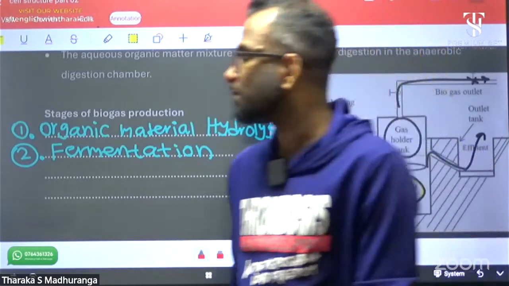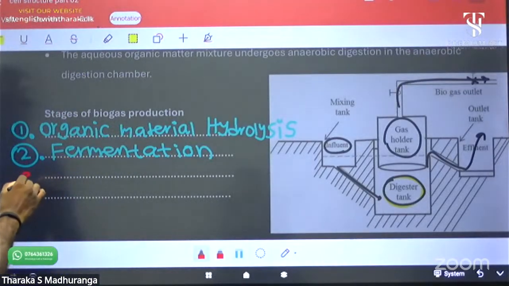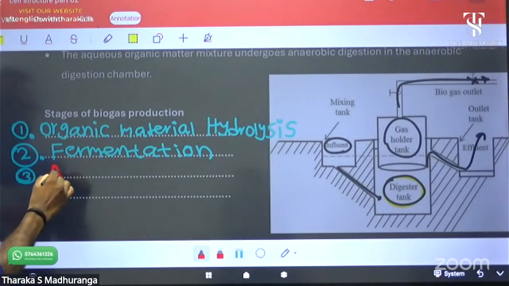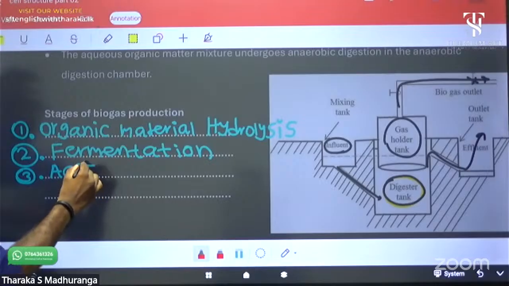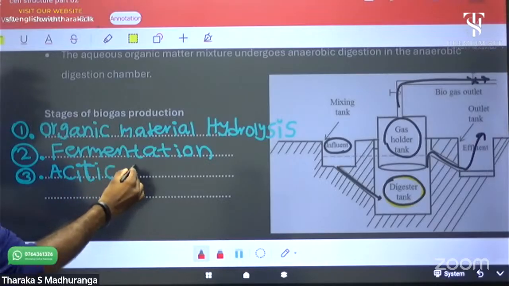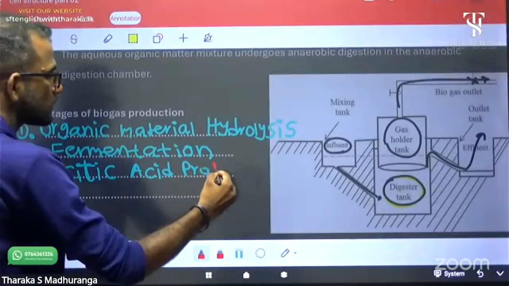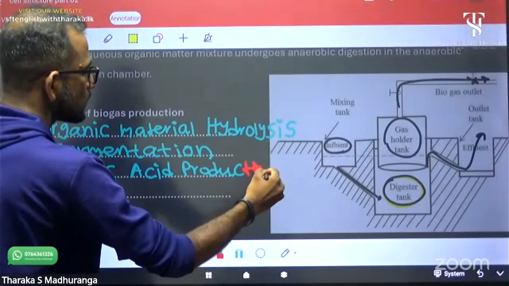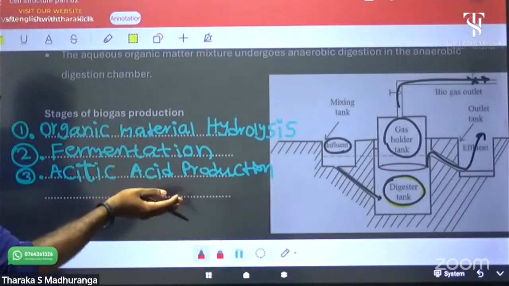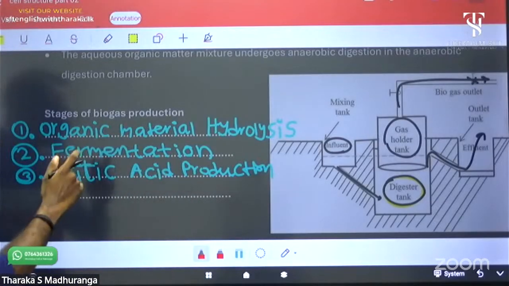In the next step, acetic acid production. First, producing in the fermentation, as a result producing acetic acid.